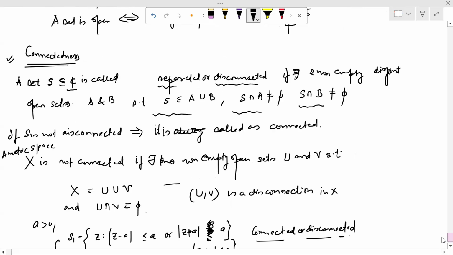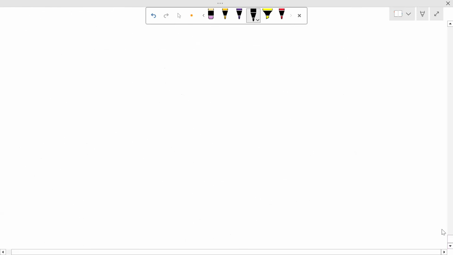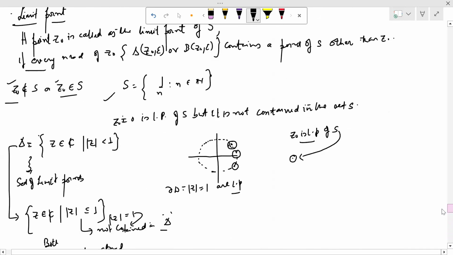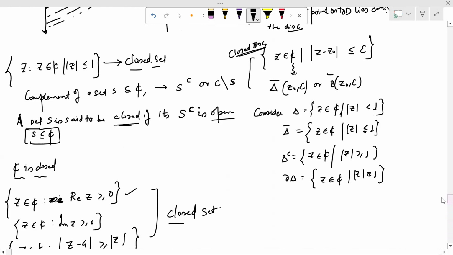So tomorrow's topic would be connectedness, and then we're going to see a few properties of connectedness, path connectedness, and then we'll take it further. So from today itself, you can understand that we have started something called complex analysis. Okay, and all these definitions are going to come again and again. So don't worry. Right now, just keep them in mind.